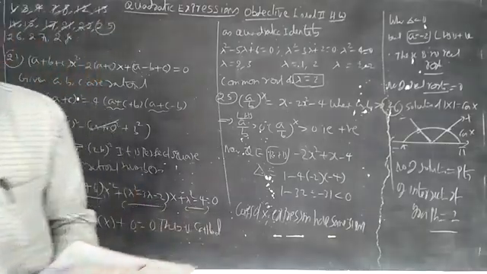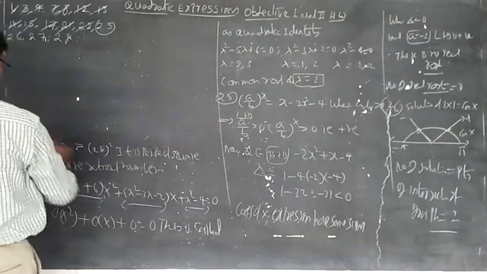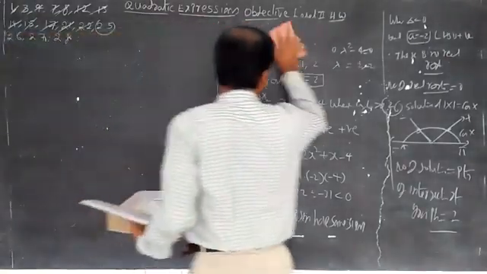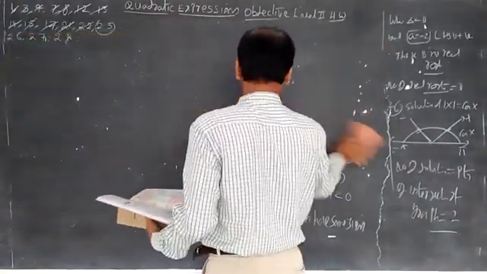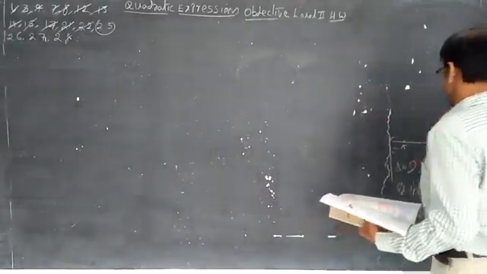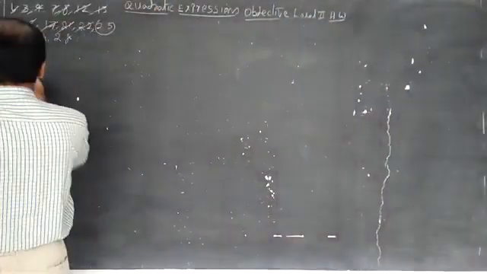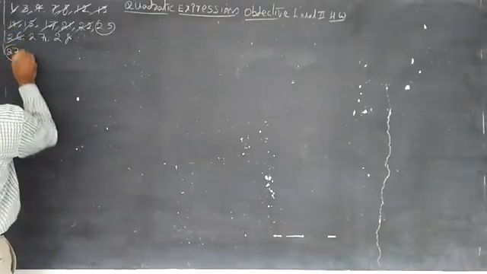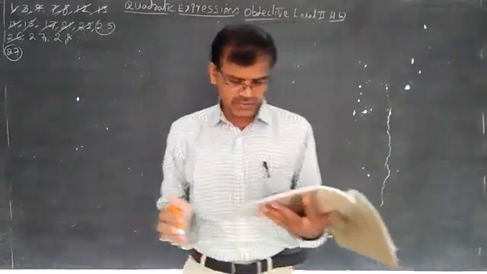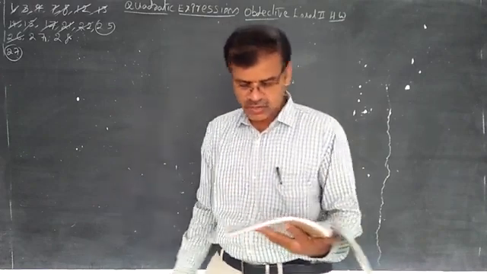Now, 27th question. 26 completed. The question: find the value of lambda in order for the equations 2x² + 5λx + 2 = 0 and 4x² + 8λx + 3 = 0 to have a common root.